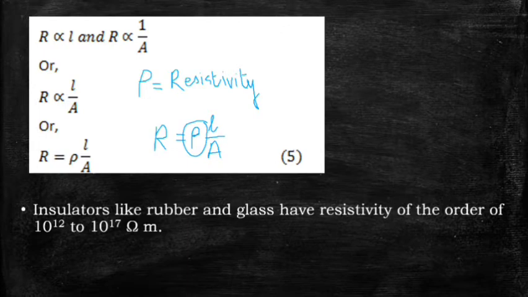Therefore, the current will not flow through these kinds of materials. The conductors will have less resistivity, like 10 to the power of minus 7, minus 8, like that.